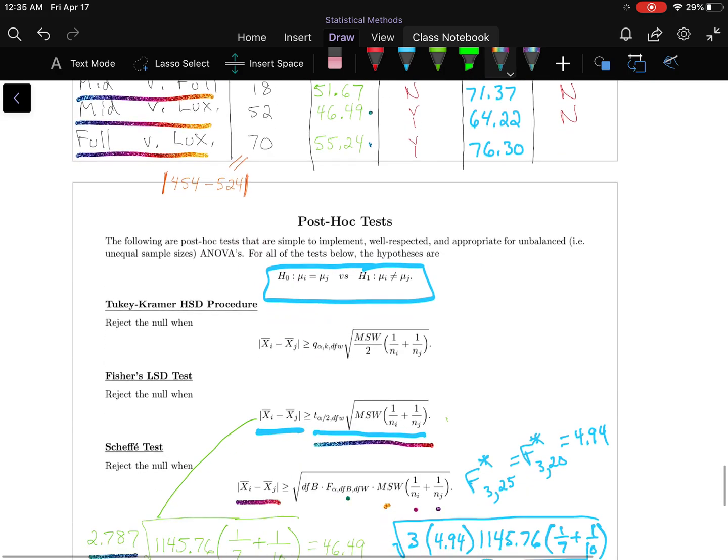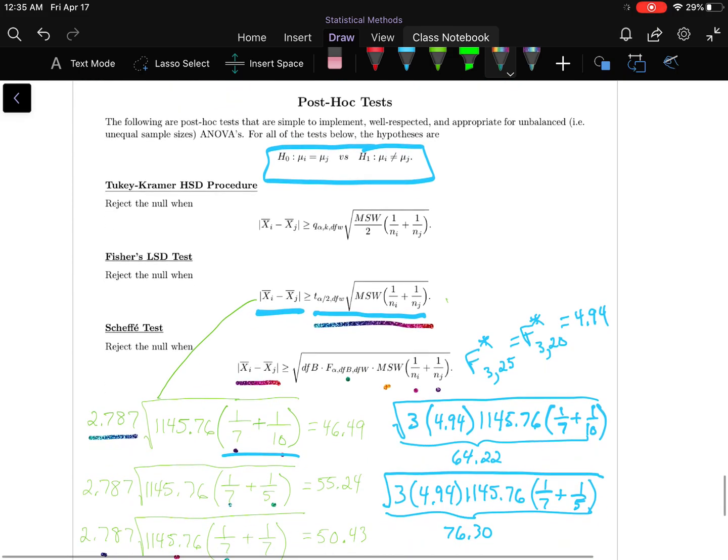So we're going to be looking up 25 degrees of freedom row, 0.005 column. You should see a critical value of 2.787.